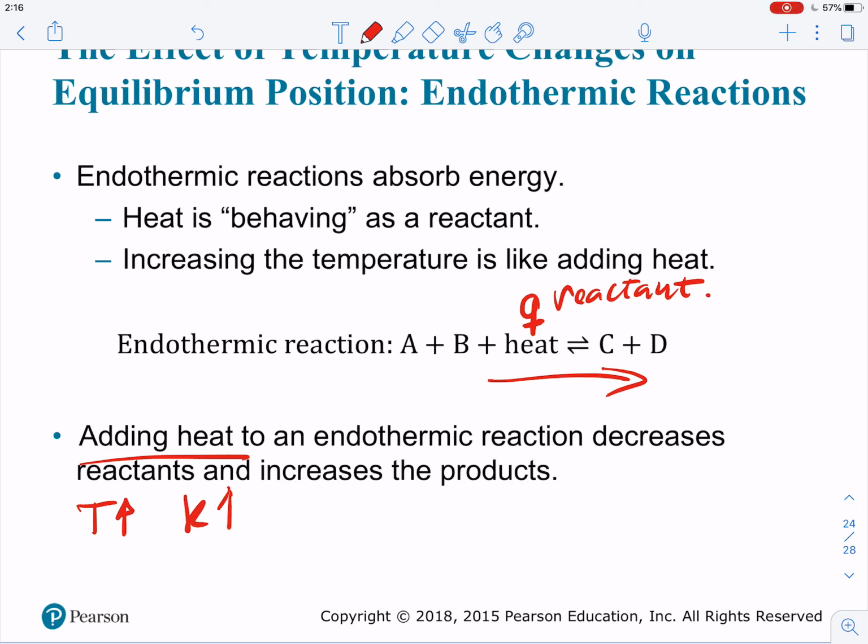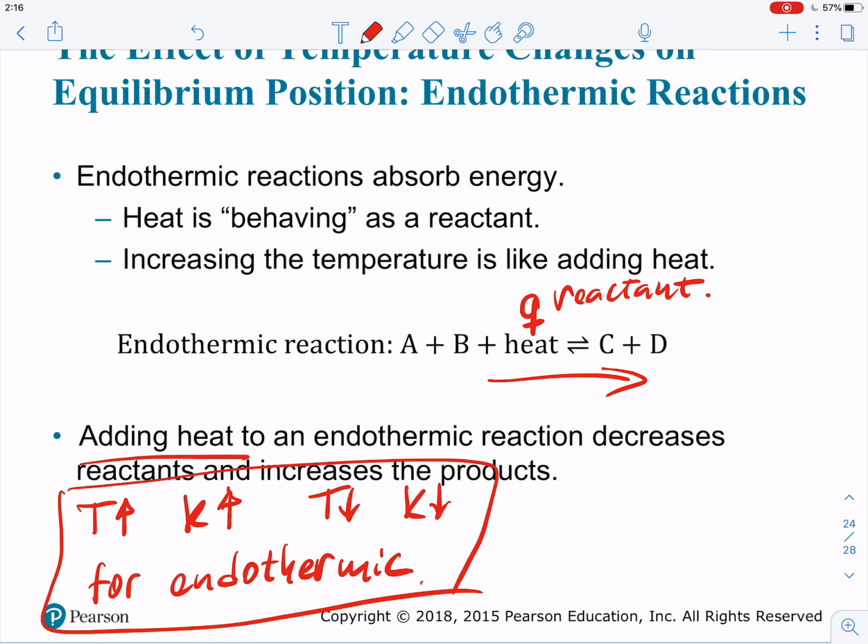This is for endothermic reactions. And once again, I want you to have this very, very clear because they are opposites. What happens to exothermic reactions by adding or removing heat is the opposite of what happens with endothermic reactions, and you need to be really clear with this.